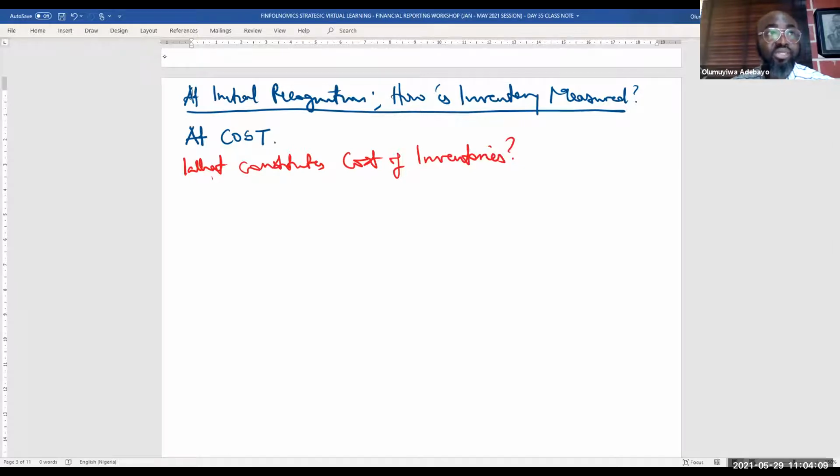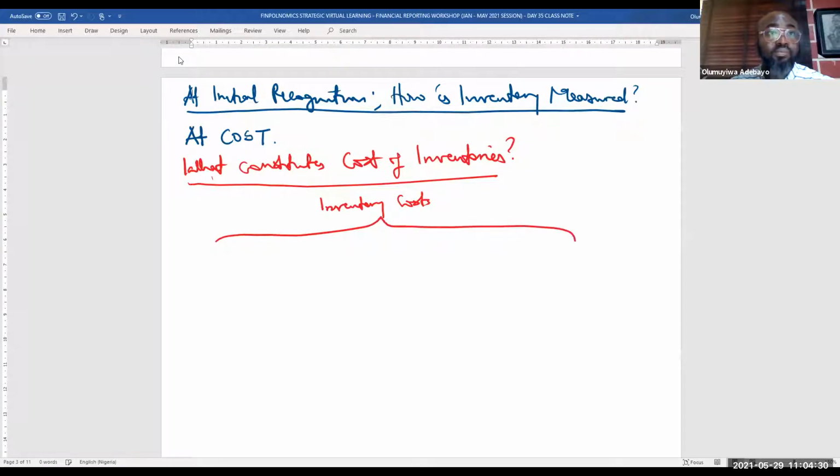Now, the cost of inventory in this case can be grouped into three. The bulk part of it is the purchase cost.